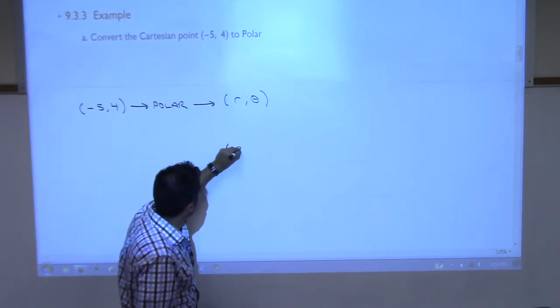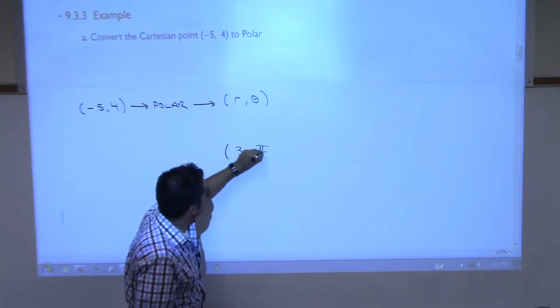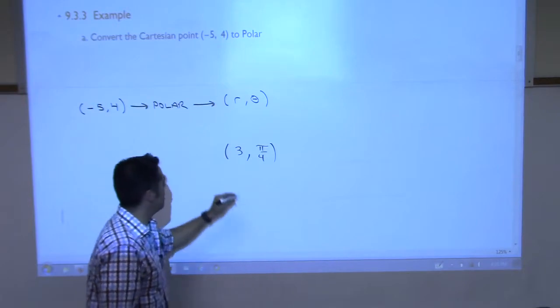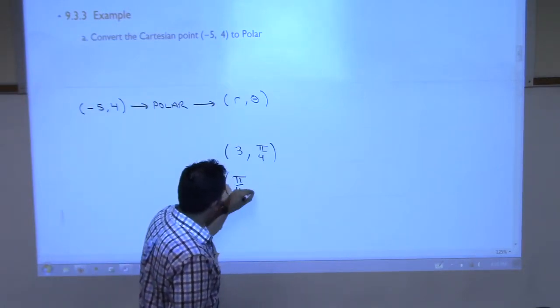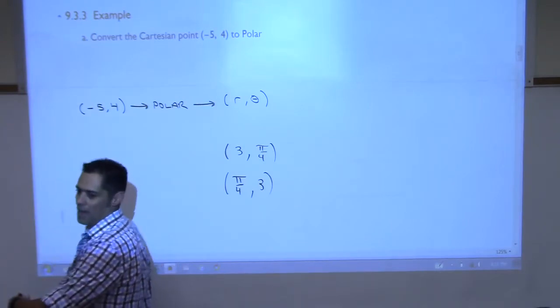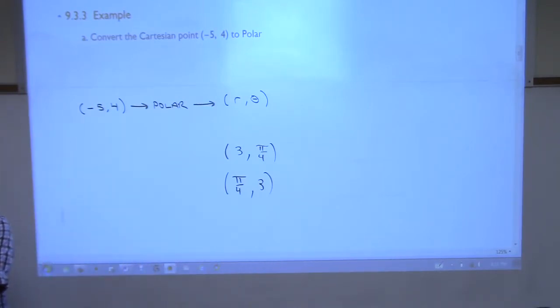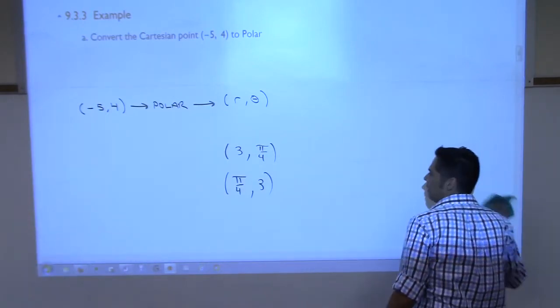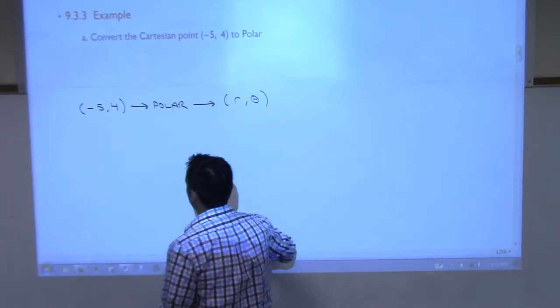If I said radius 3, angle pi over 4, that would mean turn pi over 4 and walk out 3. But if you write pi over 4 and then 3, that means turn by 3 radians and walk out pi over 4. Pi over 4 is some number, right? So that would be completely different. Make sense?